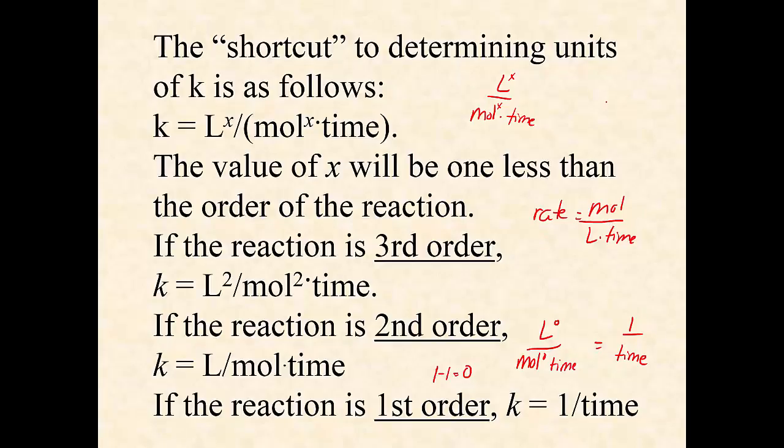So if it was a fifth order, you would say fifth order minus 1, so it'd be to the fourth, moles to the fourth times time. Okay, is this a shortcut that's worth knowing? Yes, it is, because it can help you to figure that out. Like I said, that can be a point, because they could ask you for the units of K.